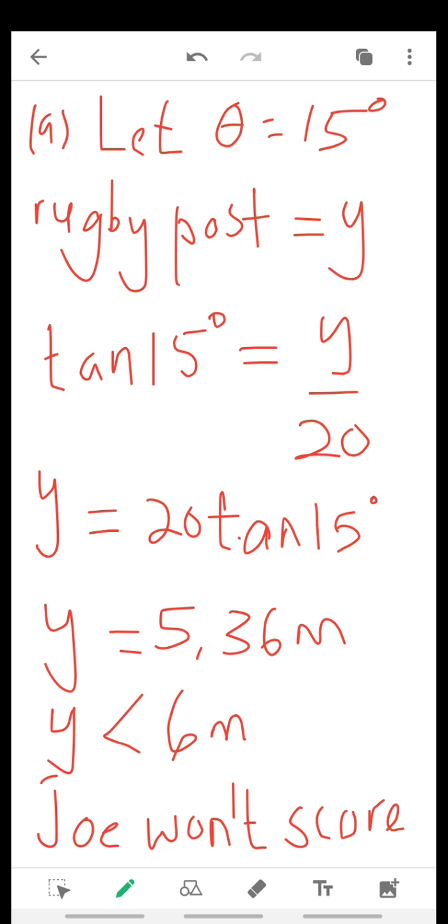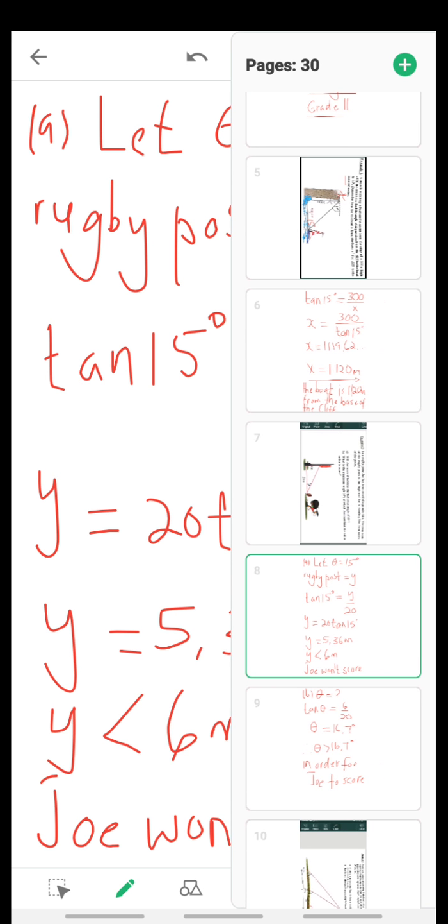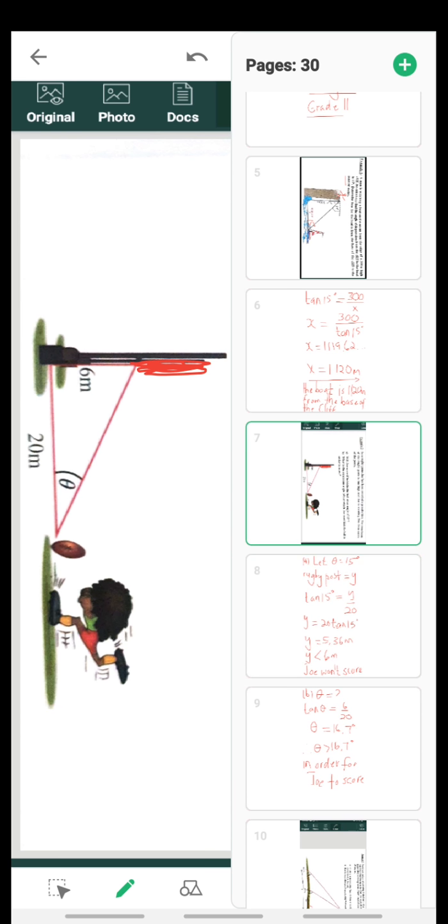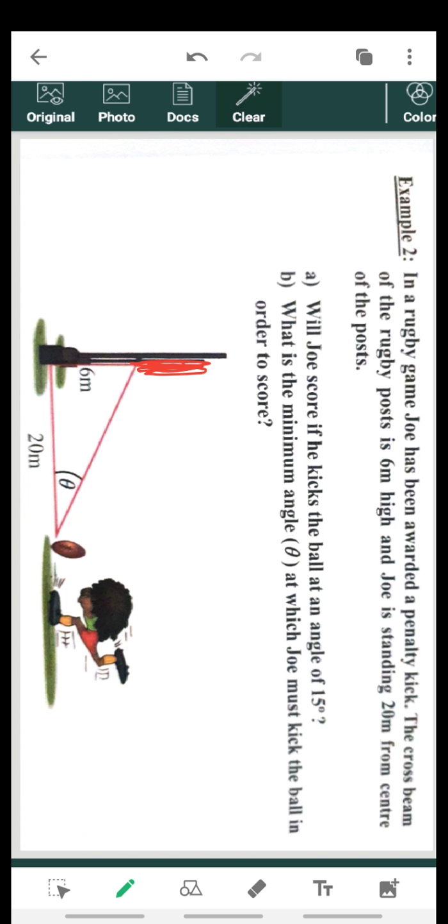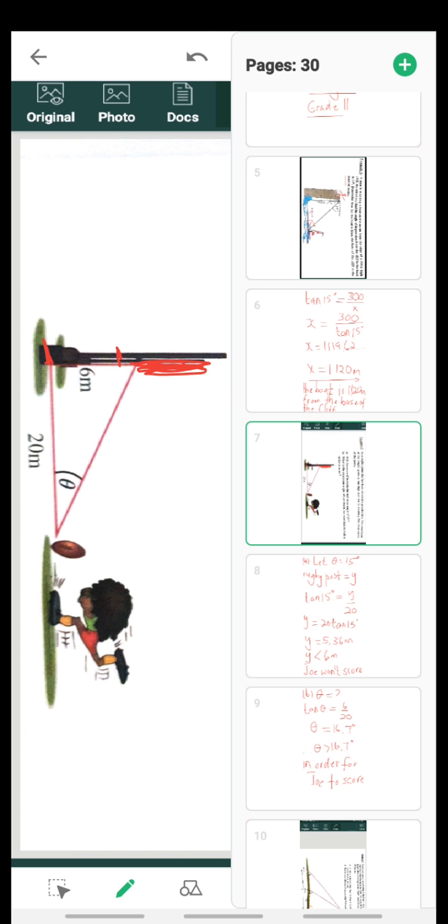Meaning, when we look at the diagram, the maximum height at which the ball will be kicked will be from somewhere here and will end around here, which is really not going to make it because it's less than 6 meters. For him to score, we must get a height bigger than 6 meters. So we've seen that the person cannot score because of the height at which the ball was kicked.